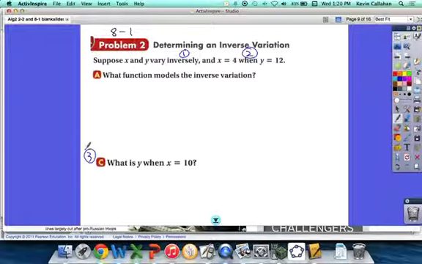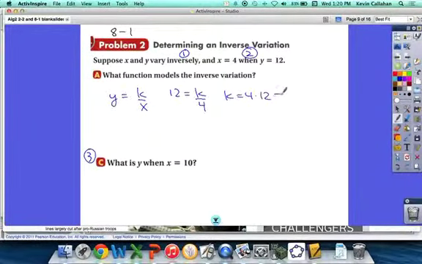So let's see. I can do it like this. y equals k over x. Substitute. y is 12 when x is 4. 12 equals k over 4. Solve for k. k equals 4 times 12, which is 48.